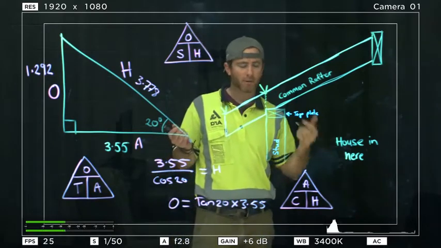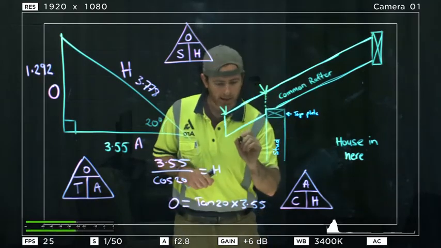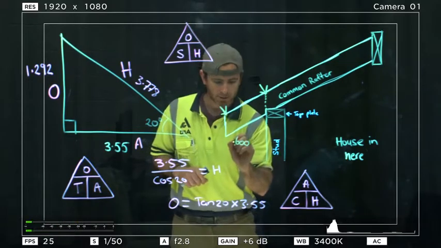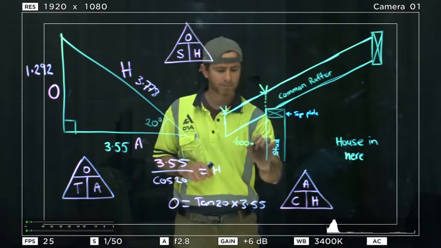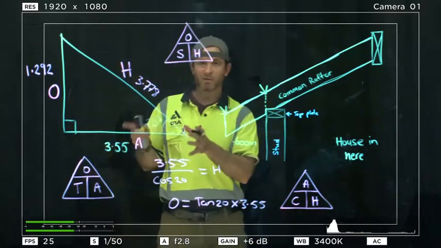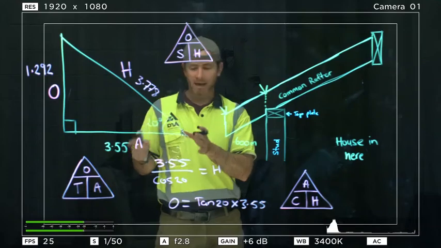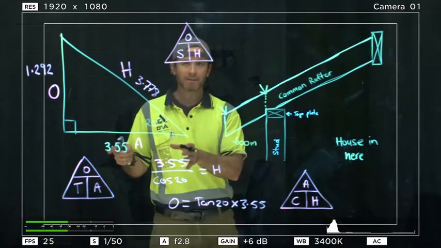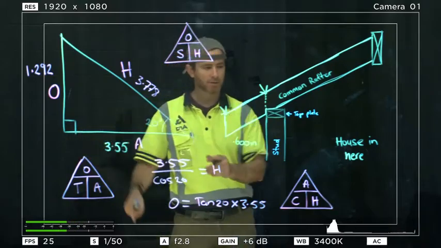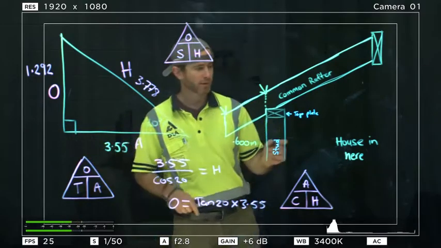So if we're building a house on Trade Fit, our common overhang is 600 millimeters, so 0.6 of a meter. Correct? Now, luckily in this example, I used the actual run, so remember, half the span of the building. I used the run of our building that we're using on Trade Fit, which is 3.55.